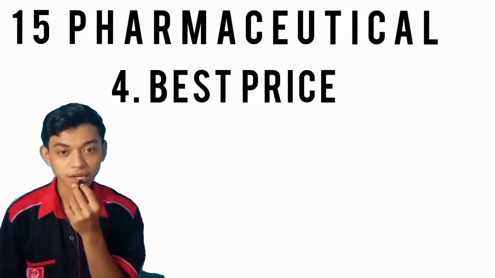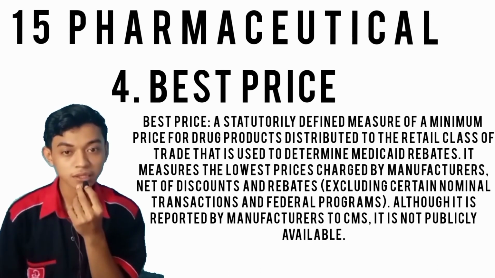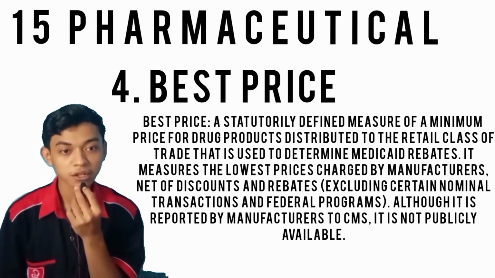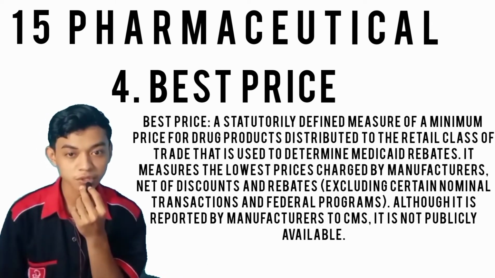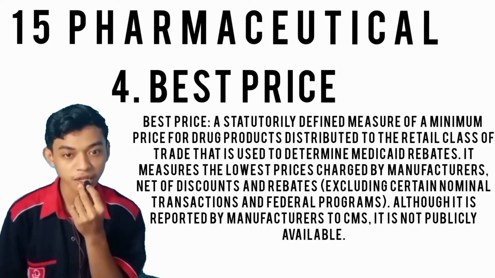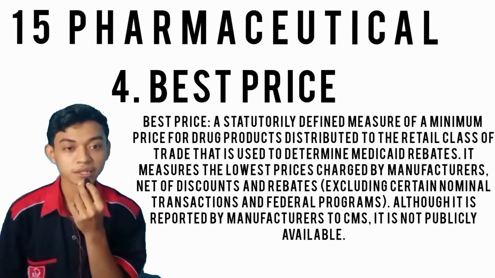Number 4. Best price. Best price is a statutorily defined measure of a minimum price for drug products distributed to the retail class of trade that is used to determine medicine rebates.